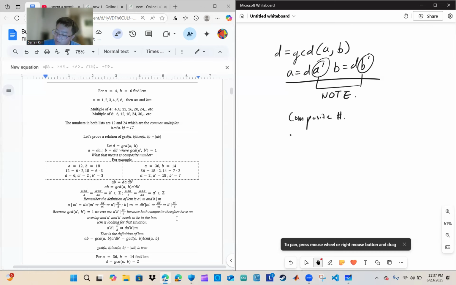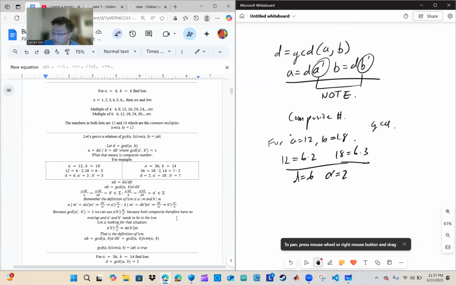For A equals 12 and B equals 18, 12 gives 6 and 2, and 18 equals 6 and 3. Where I got this is from the GCD, where d equals 6, and then A prime equals 2 and B prime equals 3.